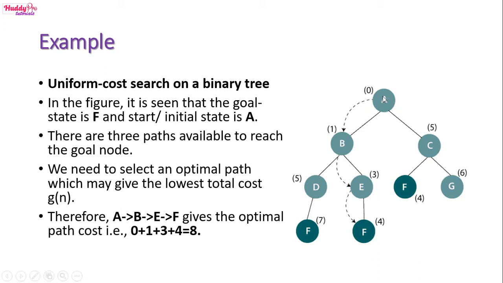So when you traverse from A to B, the cost here is 1, then plus 3, that is from B to E. So we begin at 0 plus 1 plus 3, then here plus 4, giving us 8. So this is the optimal path cost, or the lowest total cost.